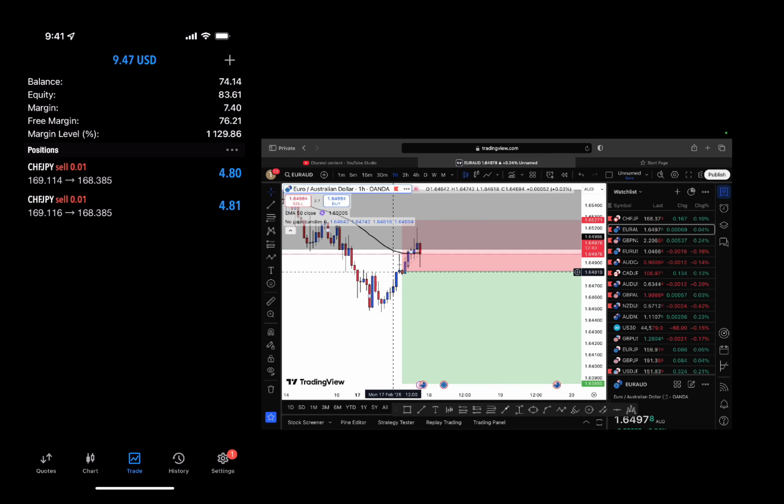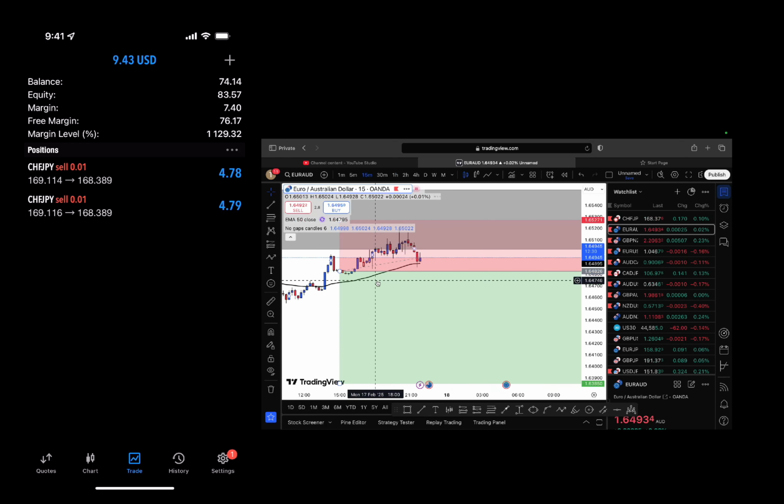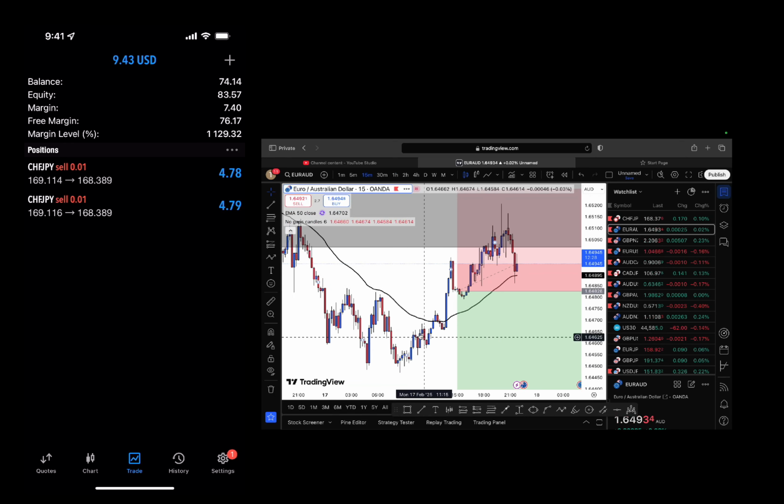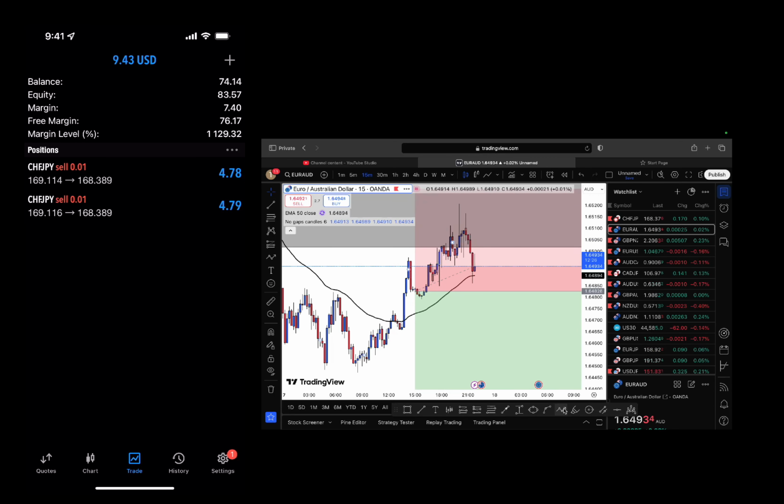So if this hour candle could close with a strong bearish engulfing candle, I'll be looking to enter this trade at the retest. As you guys could see, the 15-minute shifted bearish as it was bullish.